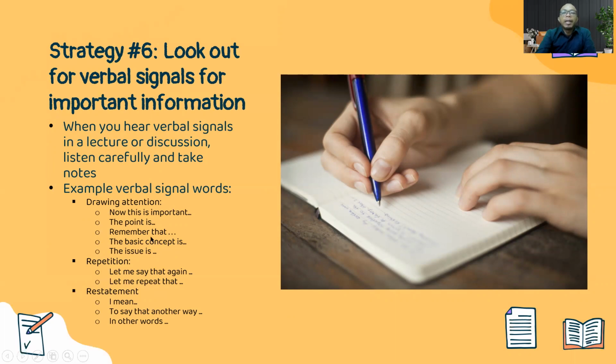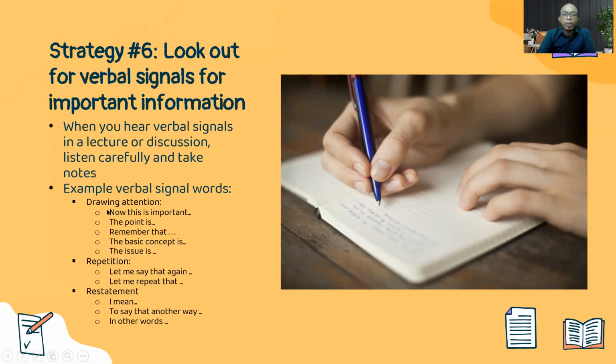Okay, now here are some examples of the verbal signals. These are the verbal signals to draw attention, such as: now this is important, the point is, remember that, the basic concept. For repetition, these two are usually what you will hear, and for restatement, these are the examples.